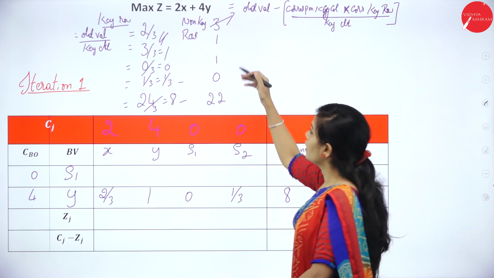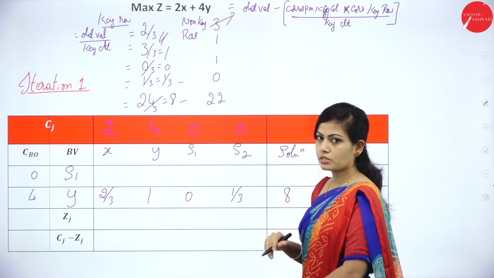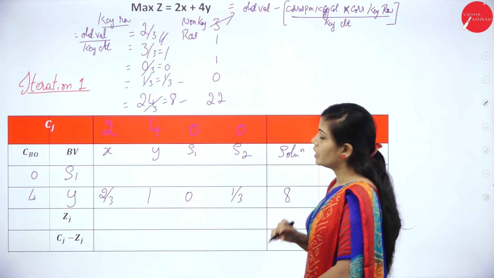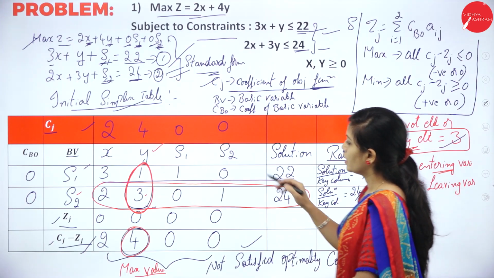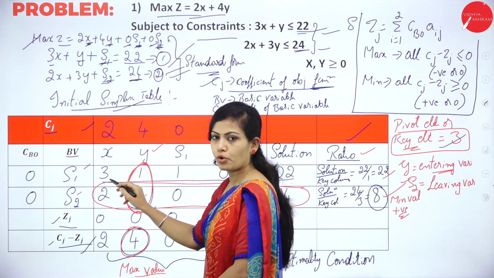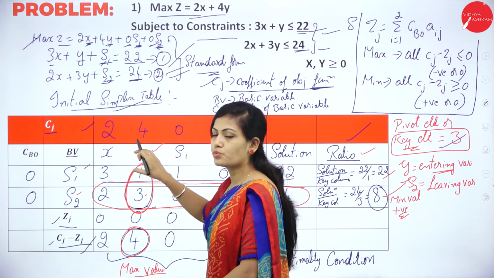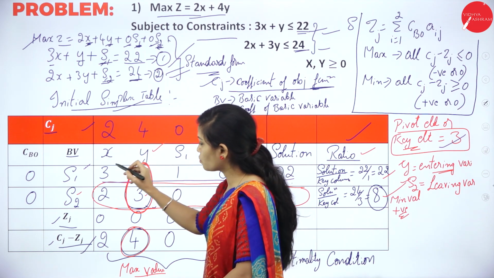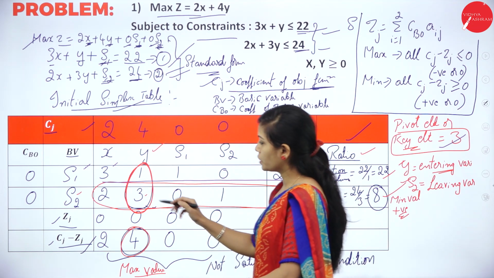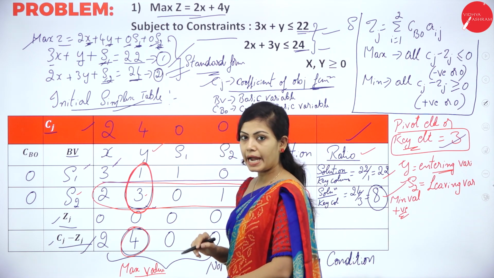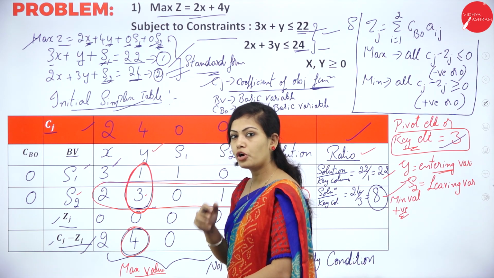I have listed all the non-key row values. So, first value is 3. You just listen to this. Here you just substitute this value into the equation. Old value is equal to 3 and minus corresponding key column.